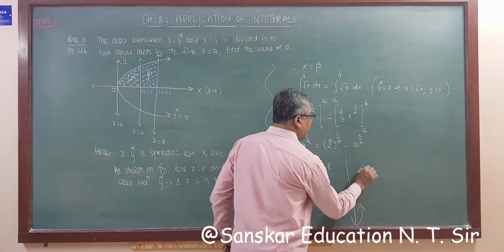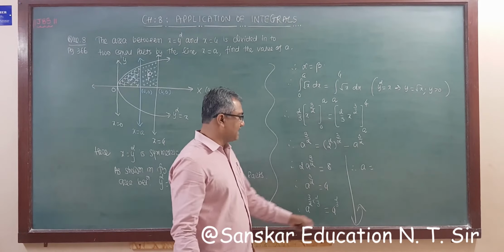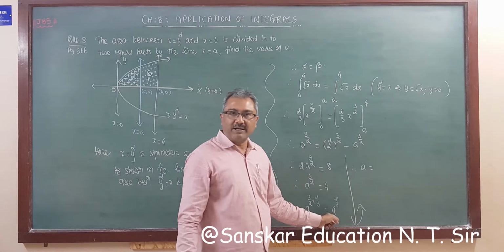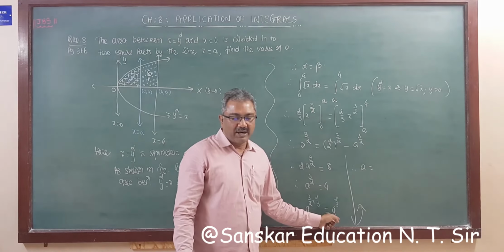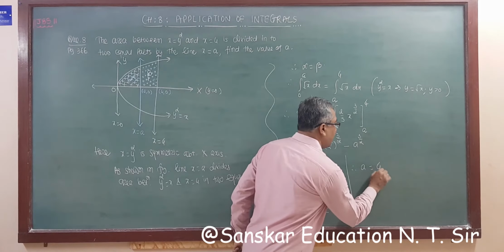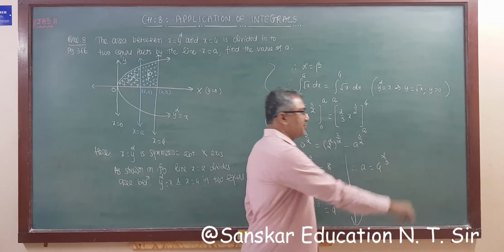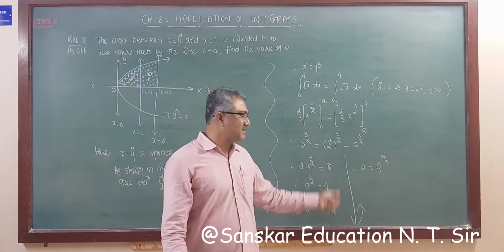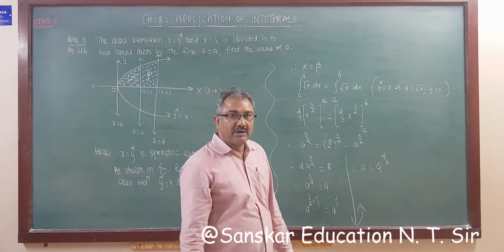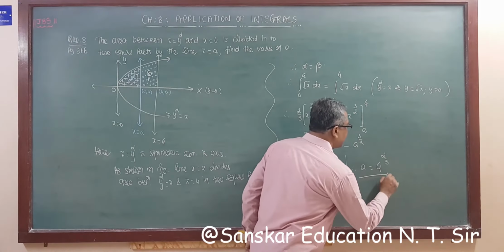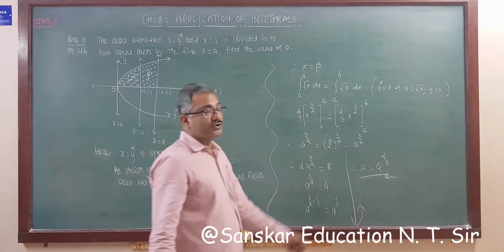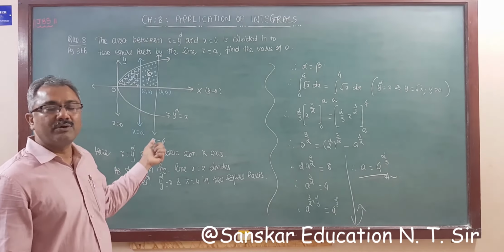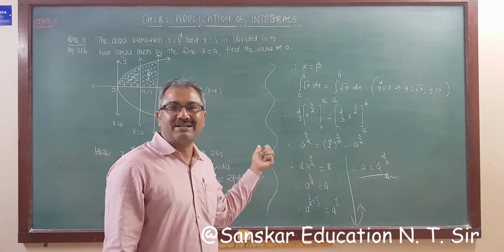We get a is equal to 4 raised to 2 by 3. I think this is the given answer in your textbook. Okay, so this is your answer. This is an important question for MCQ and competitive exams like GUJCAT and JEE.